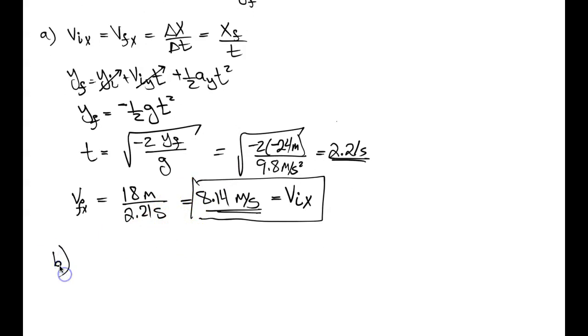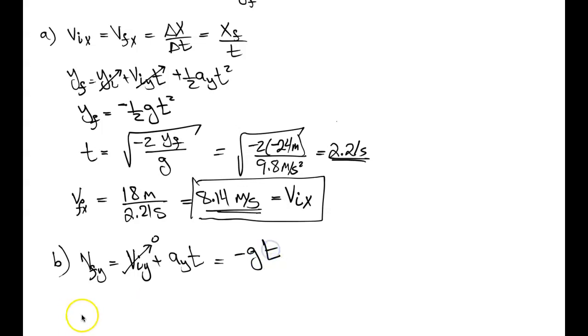For part B, we're asked to find the speed just before it hits the ground, so we need to find what v final y is. So we can say v final y equals v initial y plus a sub y t, which is the same as saying, since v initial y is 0, this is minus g times t, or minus 9.8 meters per second squared times 2.21 seconds.